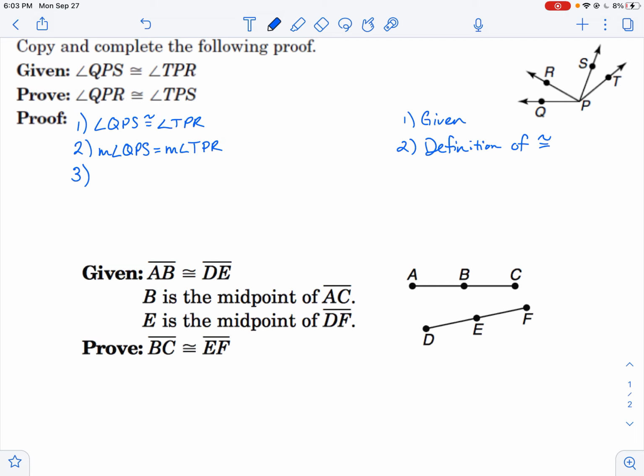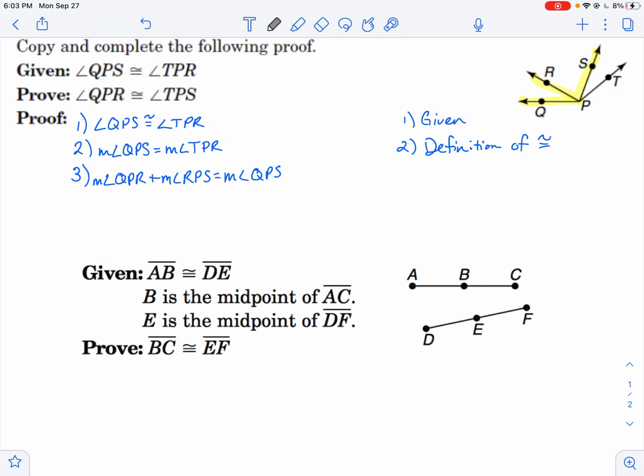Well, I want QPR and I want TPS. I don't have those yet, either one, so I need to introduce those by using my angle addition postulate. So angle QPR, measure of angle QPR, plus the measure of angle RPS, equals the measure of angle QPS.